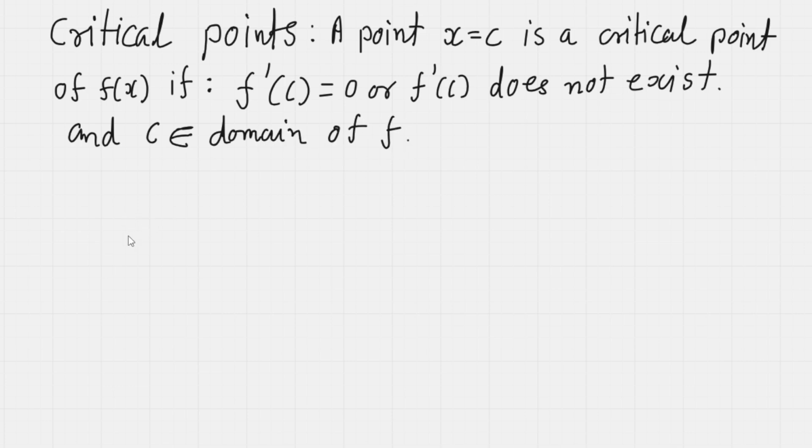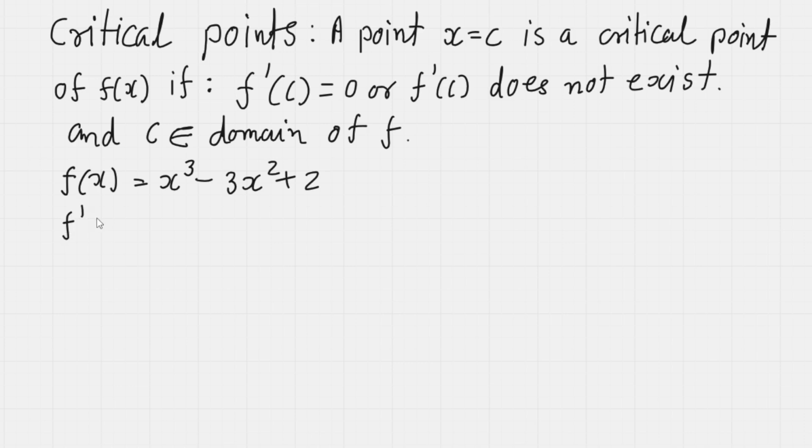Now let us understand how to find the critical points algebraically. Let us take the function f of x is equal to x cube minus 3x square plus 2. To find the critical points, first let us find the derivative of f.